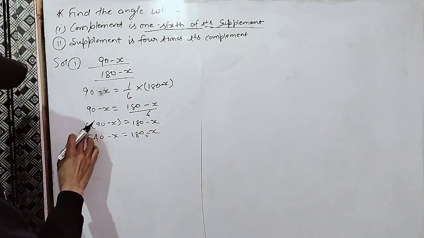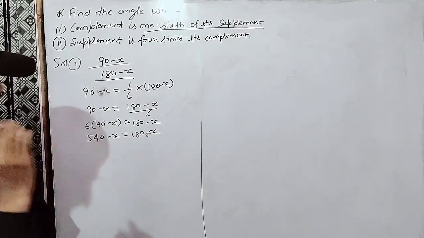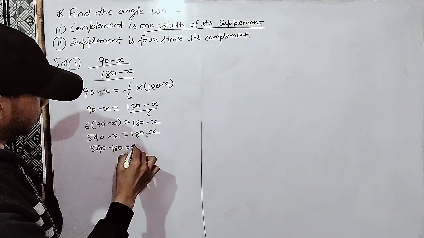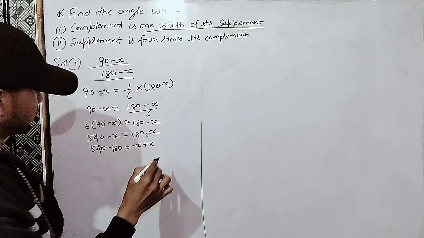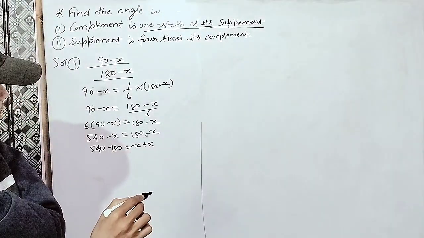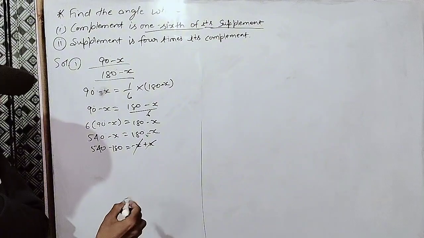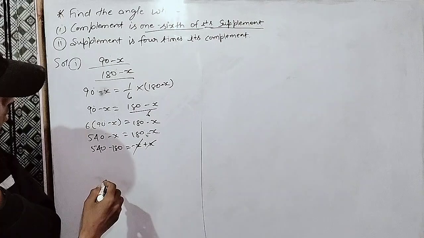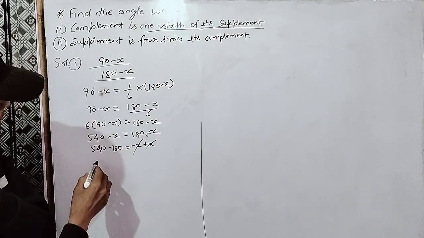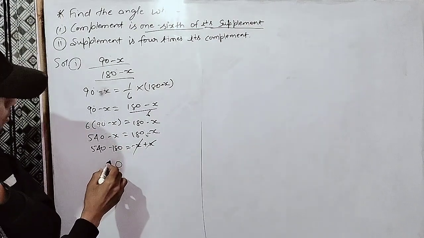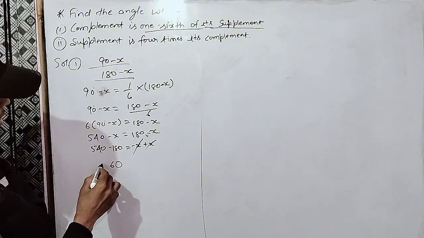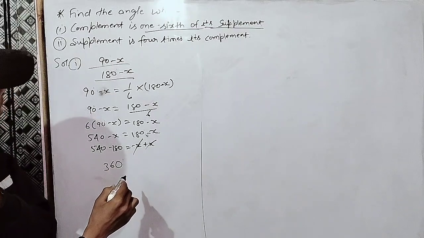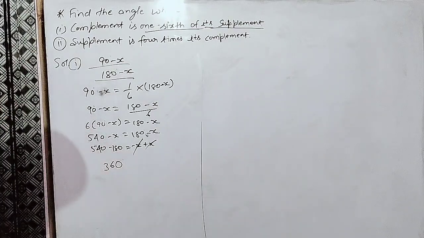We multiplied 6 by 90, 540, then 180. Clear? We get an answer, then how much? 360. Wow.